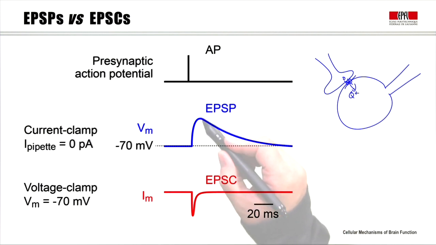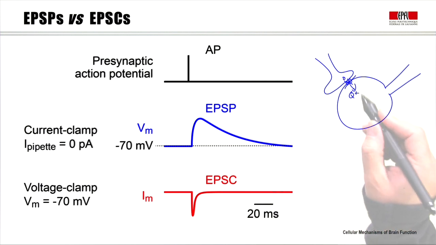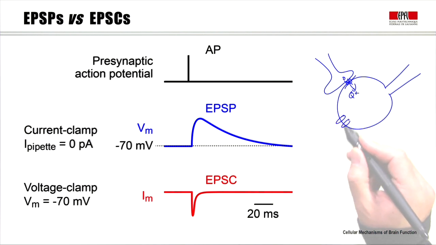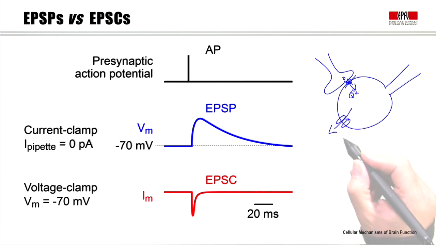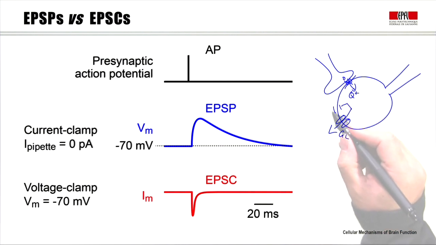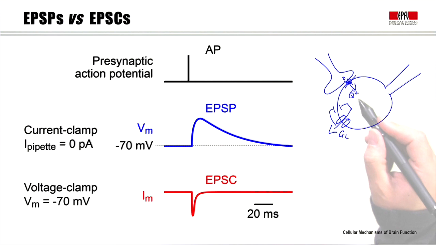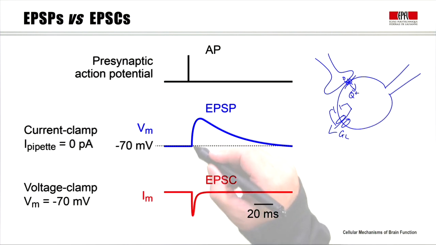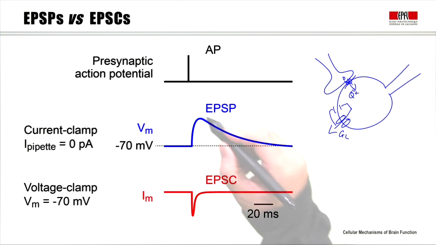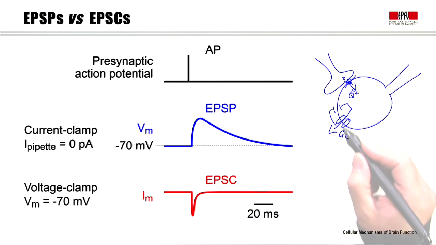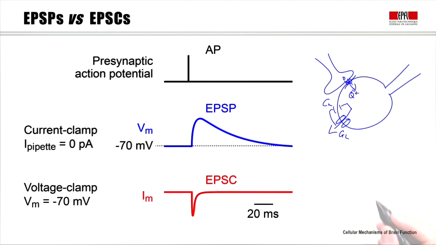And the decay phase of the EPSP is determined by how that charge then discharges the capacitor. And that is, of course, through the leak conductances. So we have the leak conductance here, we have our membrane capacitor here, and essentially the charging that occurs due to the EPSC causes the depolarization of the membrane, and the decay phase of the EPSP is determined here through the leak conductance and the membrane capacitance.